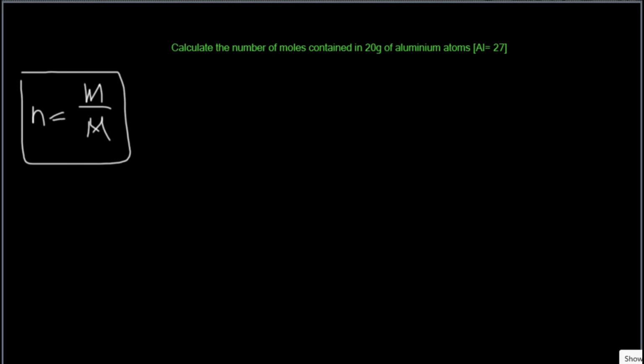So if you read the question well, you can see that they've given you mass. So our mass from this question is 20 grams. They've also given us the relative atomic mass of aluminum. So Al equal 27.